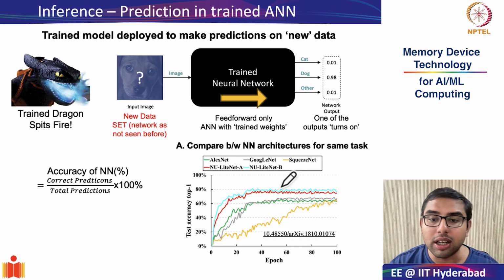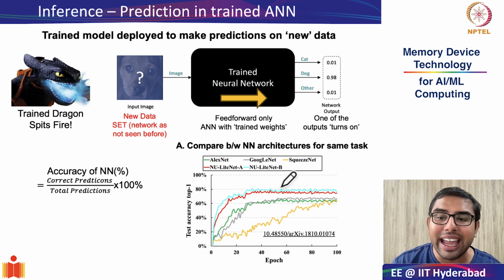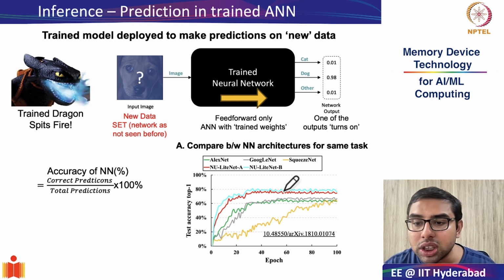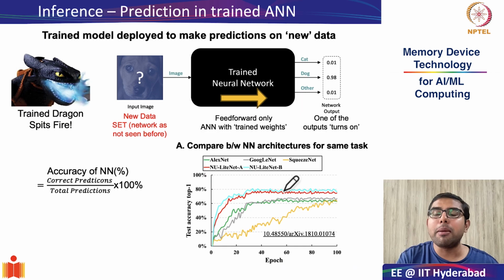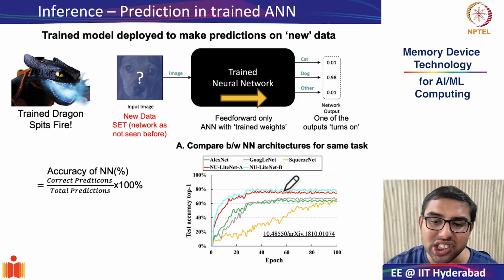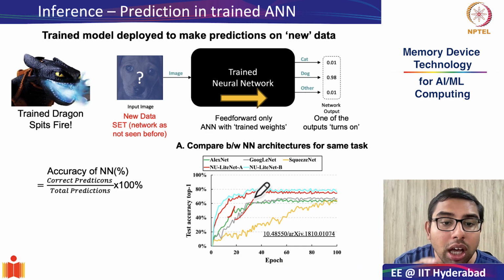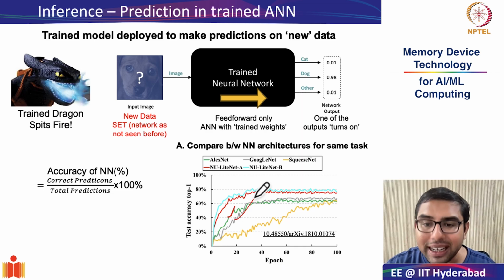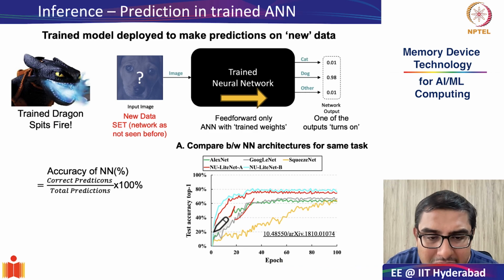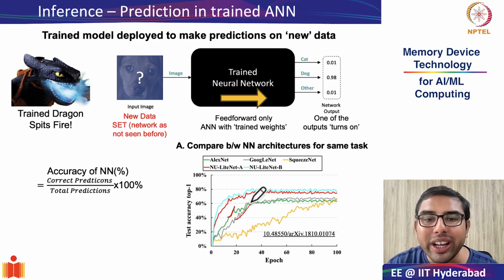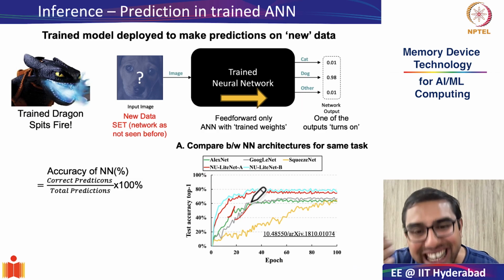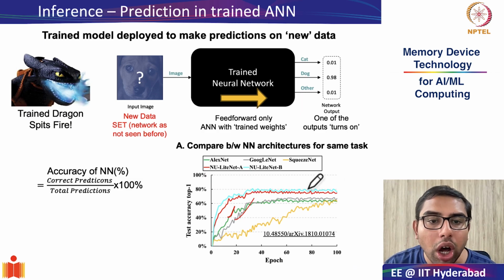So if you look at the curves over here, you see that LeNet A and B, which are your red and cyan curves, quickly rise in accuracy and stabilize above 80%. That means during inference, these models will give very reliable and high quality predictions. But if you look at AlexNet and GoogleNet, represented by green and gray respectively, you see that it takes many more epochs to reach 70% accuracy, which is still decent, but less efficient as compared to your LeNet.